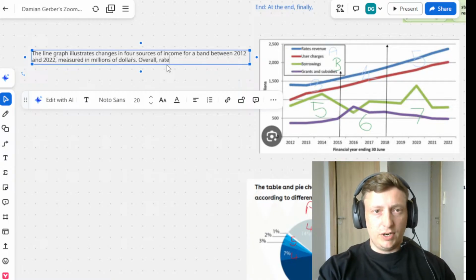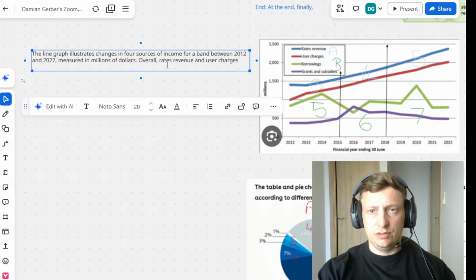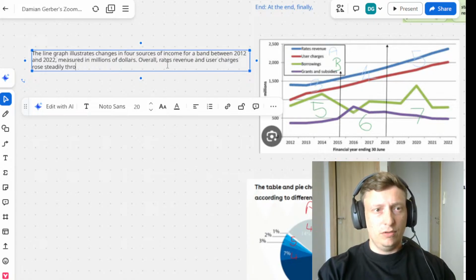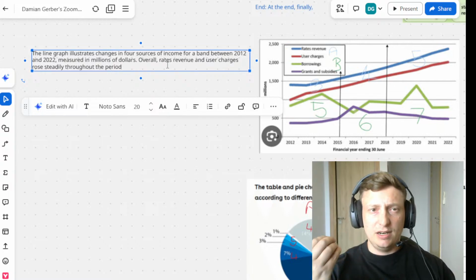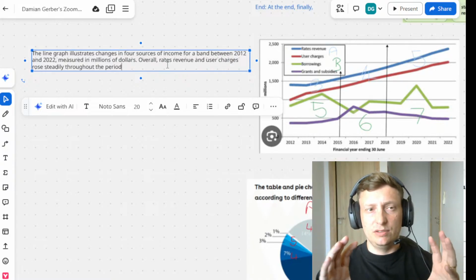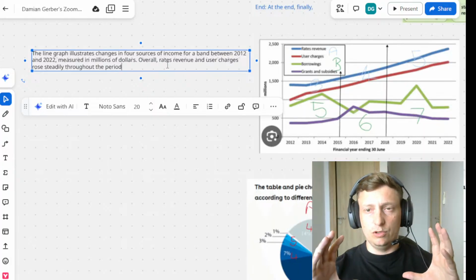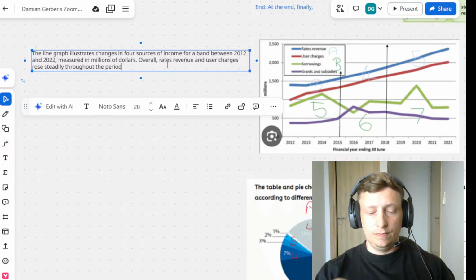So overall, rates, revenue, and user charges rose steadily throughout the period. You don't really want to put the exact numbers or the years here. You're going to save that for your main body. That's what separates your overview from your main bodies, is these details.